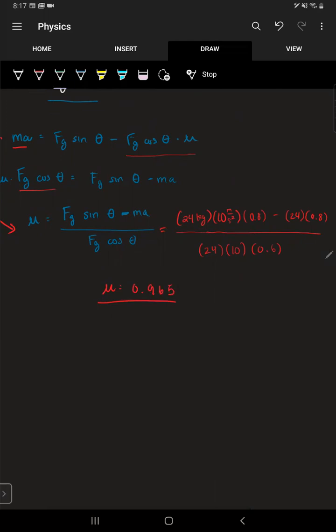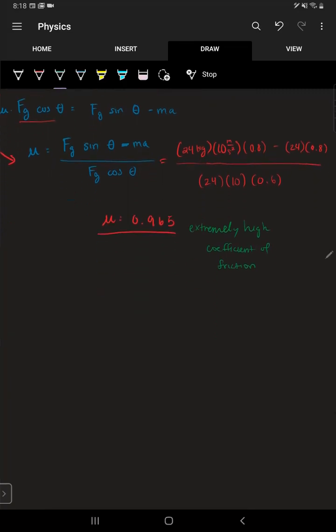And 0.965 is an extremely high coefficient of friction. Right? The closer it is to 1, the more rough it is. So I would say that this is an extremely rough surface.